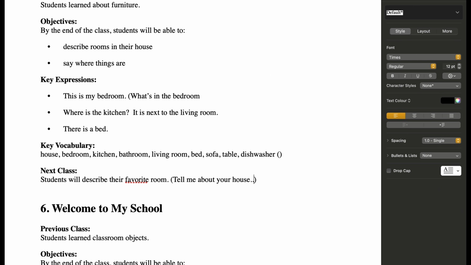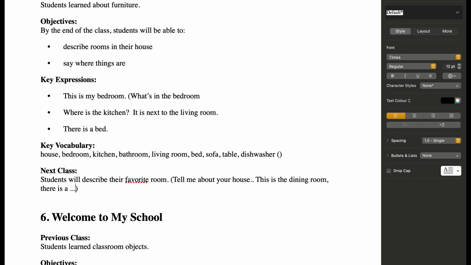This is the dining room. There is a blah blah blah in the dining room. Not writing, dining.